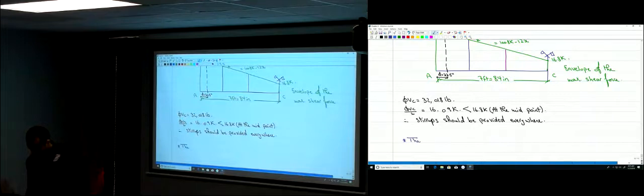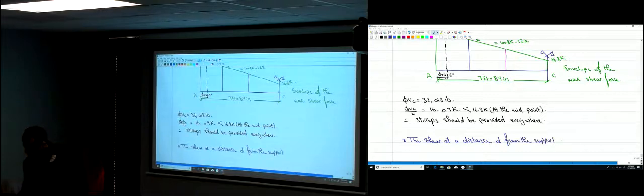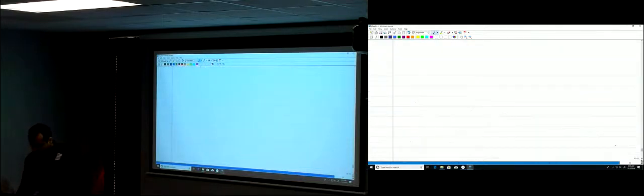So now, at the distance d from the support, how much is the shear? You put x equal to 22.5 inches divided by 12 in that equation that we just found. We said the shear at any point is 100.8 minus 12x.